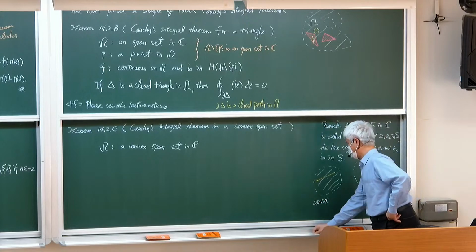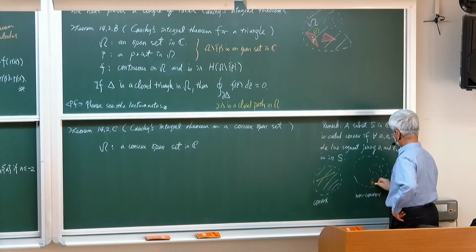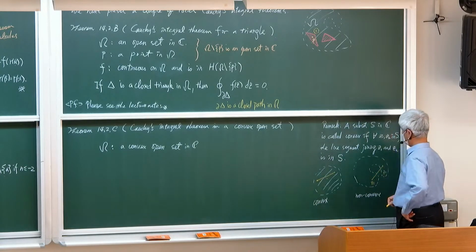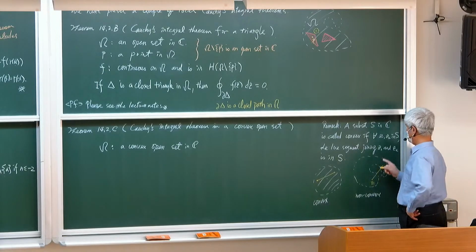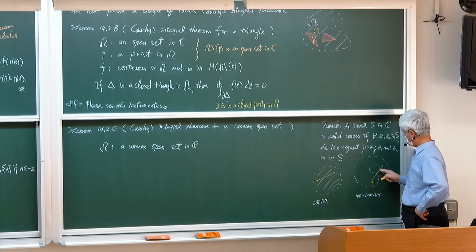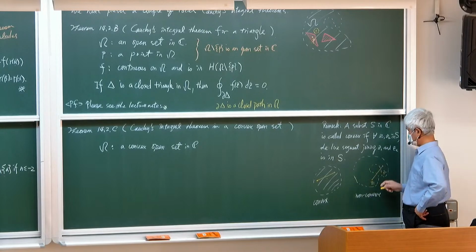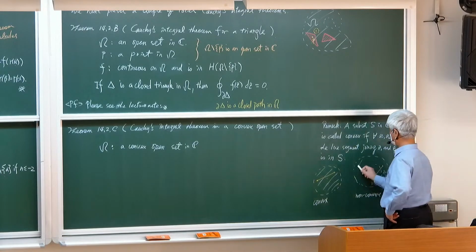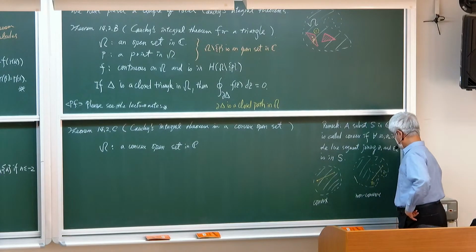Why? If you pick up 2 points here, now the line segment joining Z1 and Z2 is not in S, right? It's not in S because that part of this line segment is out of S. So this set is non-convex.